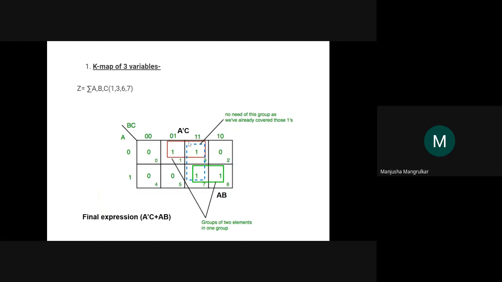You don't have to do it because it is already engaged. If you do this and these are independent, your expression will not be minimized, it will be too long. So you have to use your logical brain in grouping the ones. This is your one group, this is your other group.